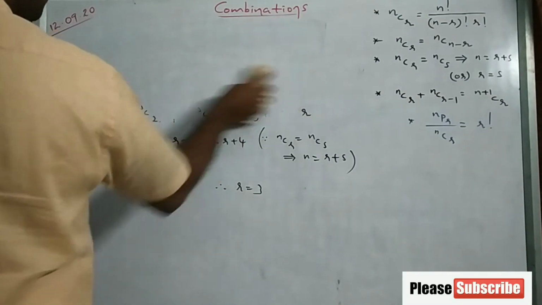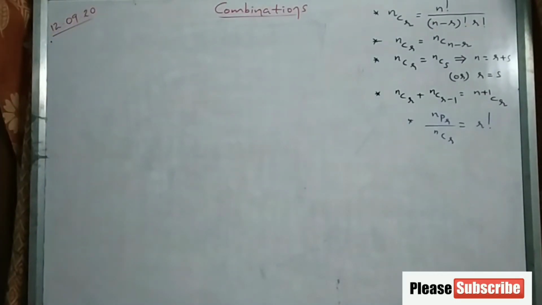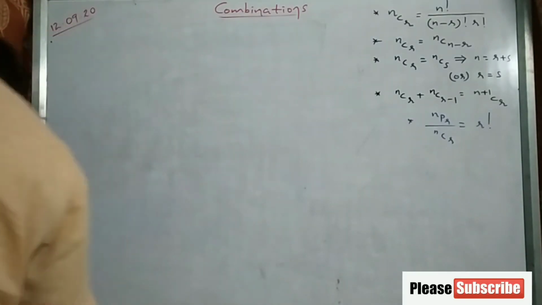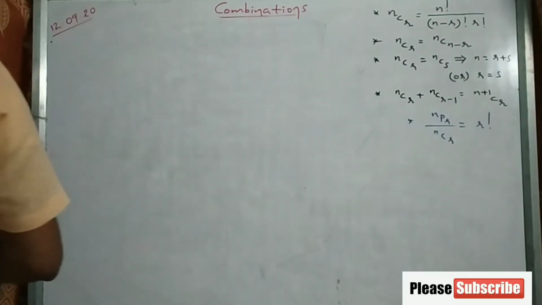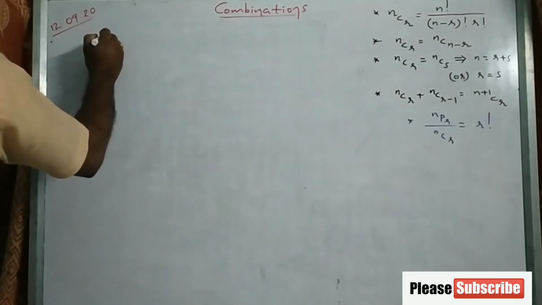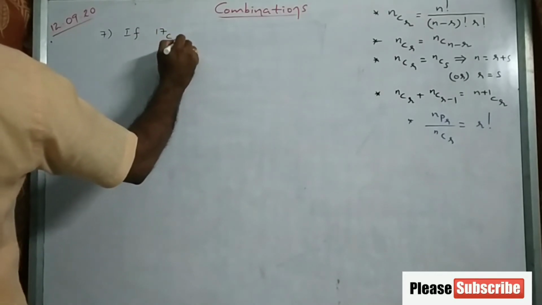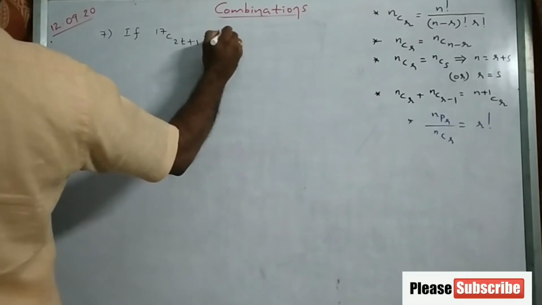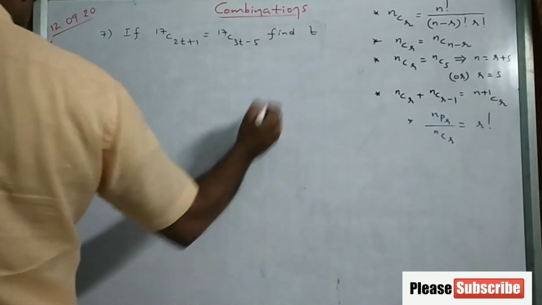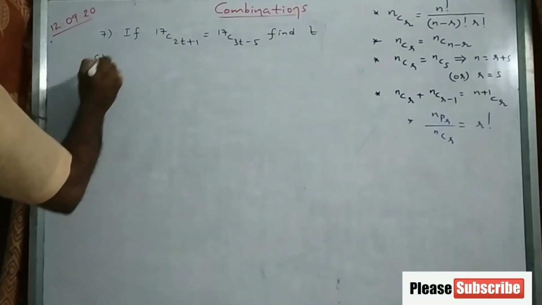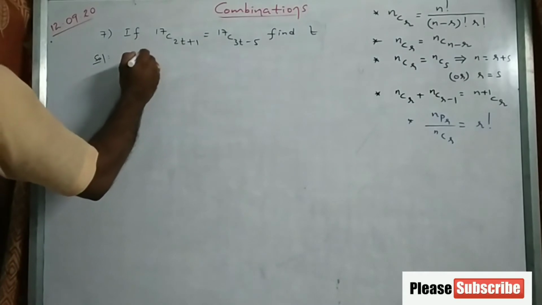Next one. Seventh one, if 17C(2T plus 1) equals 17C(3T minus 5), then find T. It looks like the same formula.